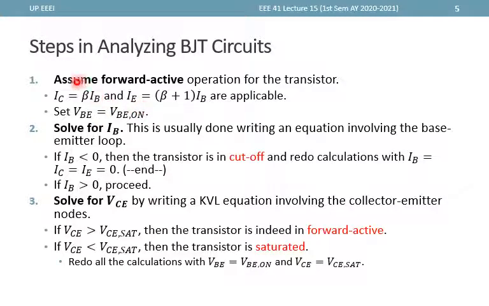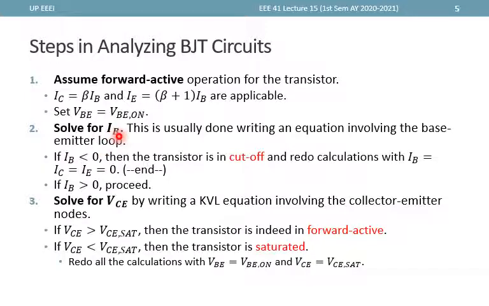Now, after assuming the forward active case, the next step normally is to solve for IB. And this is normally done by writing an equation that involves the base emitter loop, so that we'll be able to determine IB.